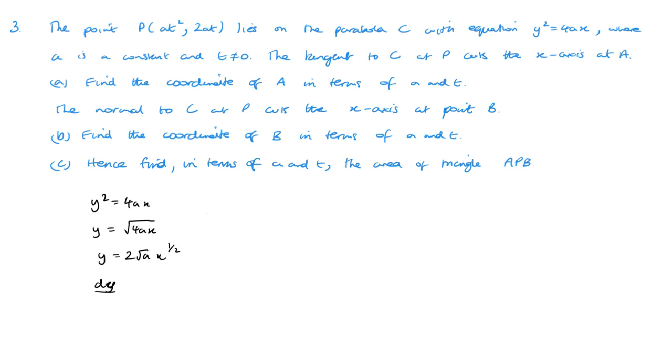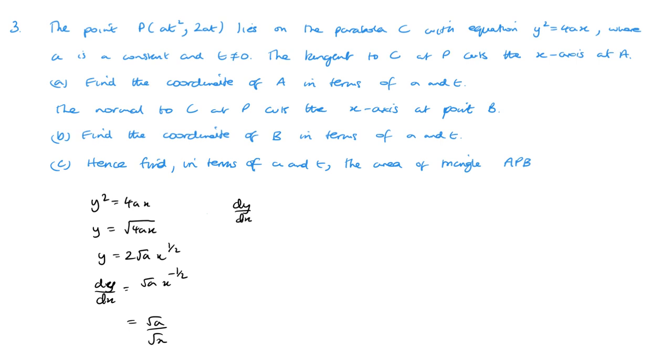dy by dx is... so the half comes down, so that cancels with the 2. So root a x to the minus a half. So that's the gradient. Now at the point P, x is at squared. So I'll just write this as root a over root x.